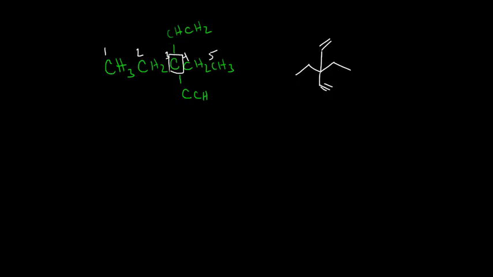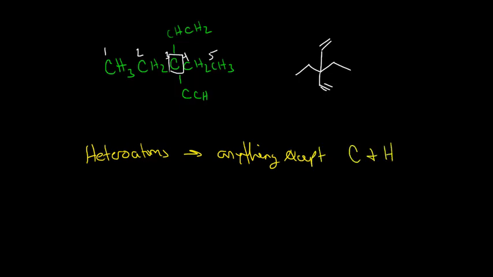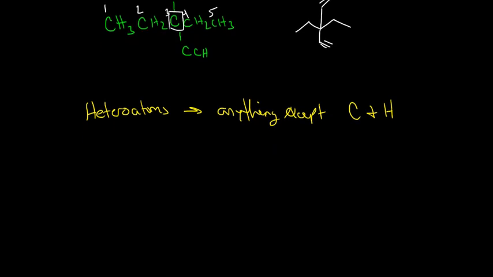So in this video, what we're going to focus on is how drawing these structures changes if you have heteroatoms. Heteroatoms are any atom other than carbon and hydrogen, so anything except C and H. And the reality is that not much changes.